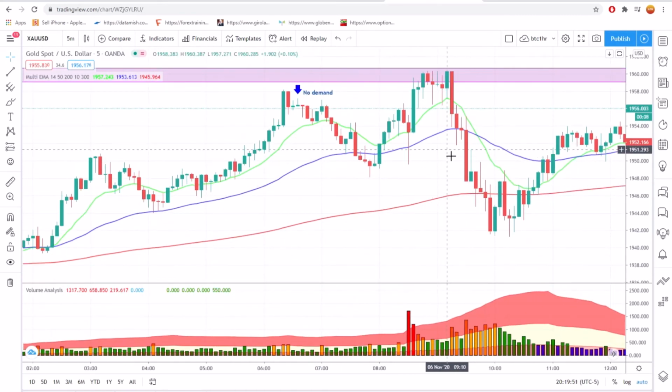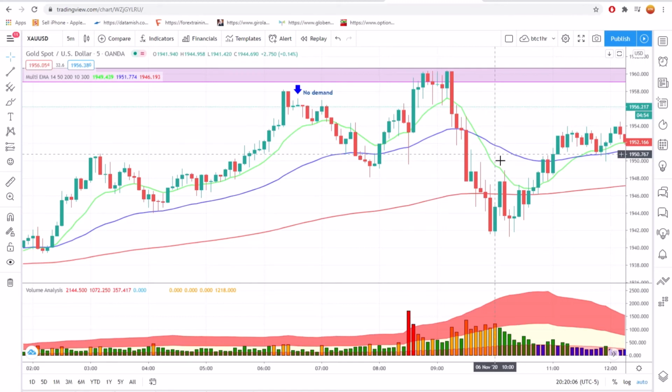So instead of targeting it that way, I'm not going to just get out of my trade, or move my stop loss to break even. I wouldn't recommend that. I would recommend managing the trade because things happen in between trades, in between supply and demand zones. Why not secure profits when you can?